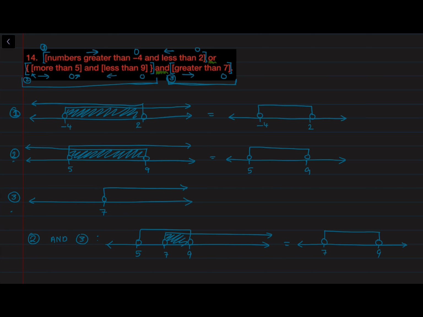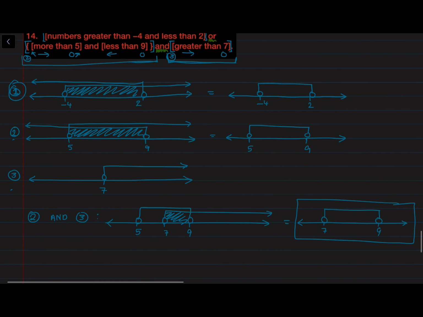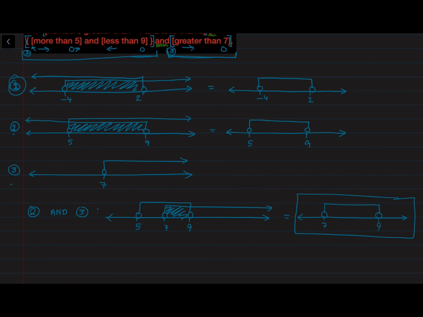Now we combine this interval, our resulting interval, with 1 over here. And as you can see, we have an OR operator, so we're looking for the maximum possible range. So let's plot them together and see how we can get the maximum possible range. We have 1, or I'm going to put 2 and 3, like this.